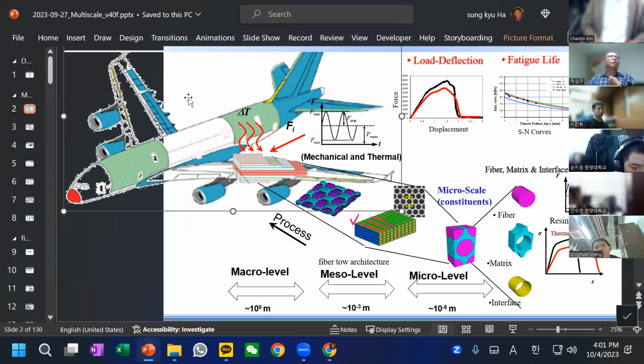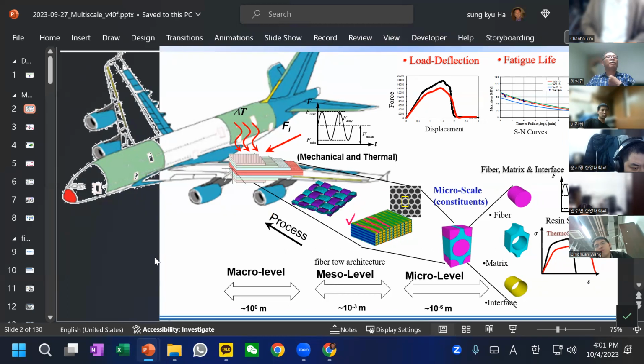So you need to understand what the requirement is, like how much force and temperature. Now you as a designer, you make the shape and the layout sequence and so on. And then you can be a very strong engineer in design of composites. I cannot emphasize enough how strong you can be as a designer of the materials.